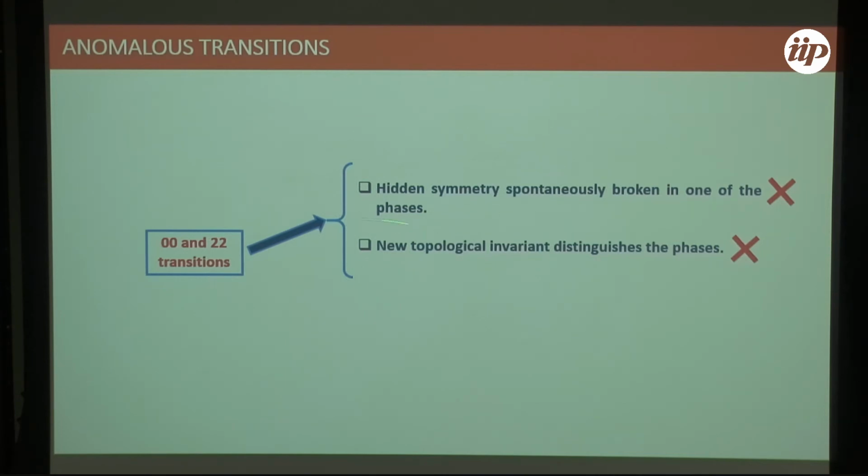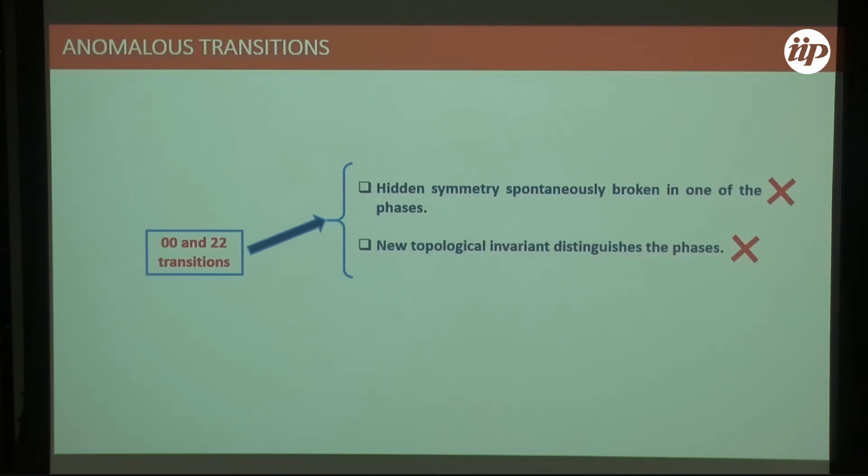So even if there are hidden symmetries, they cannot be spontaneously broken by a non-degenerate ground state. And this is also the fundamental reason why we can rule out the existence of a new topological invariant, in that it would also require some kind of hidden symmetry that would create subclasses in the Altland-Zirnbauer classification in the tenfold way.